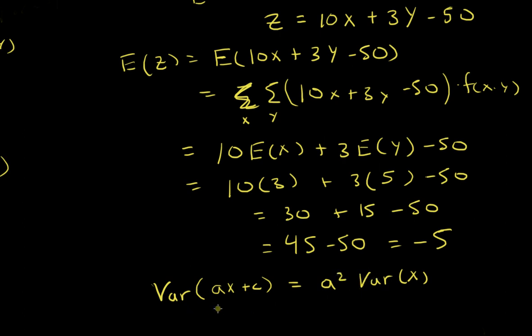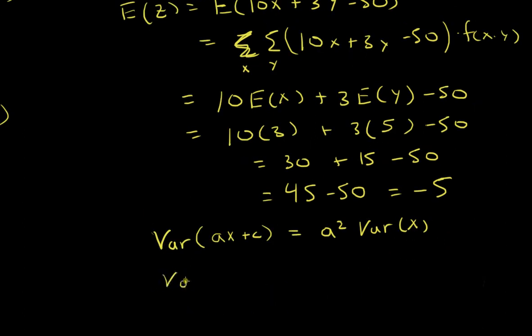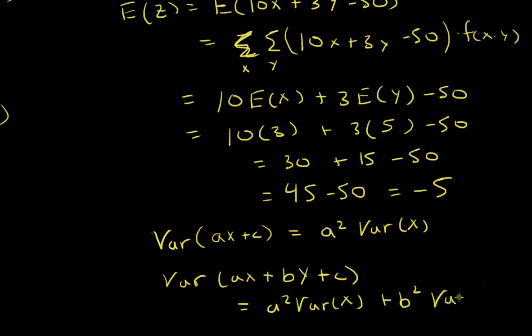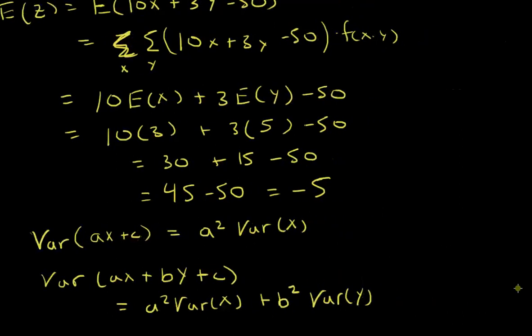And if you had the variance of ax plus by plus c, then this would be a squared times the variance of x plus b squared times the variance of y, and the variance of c is 0, so you don't need that. But then you do need to consider the covariance between the two. So this would be plus 2 times a b times the covariance of x and y.